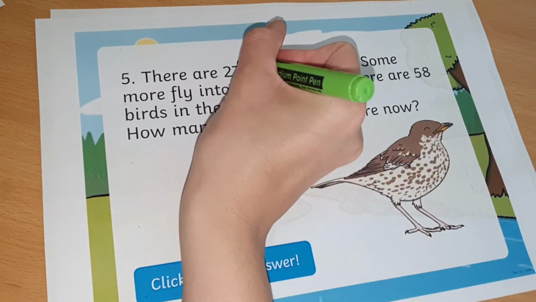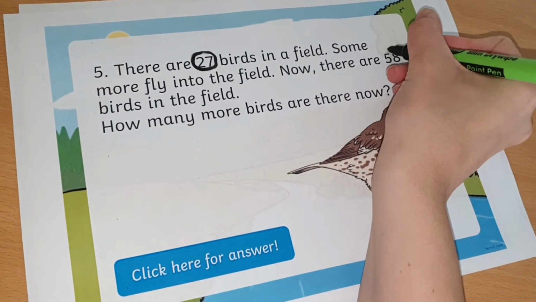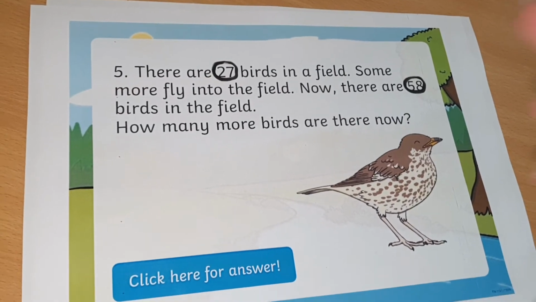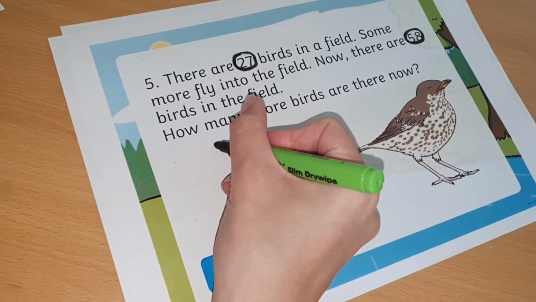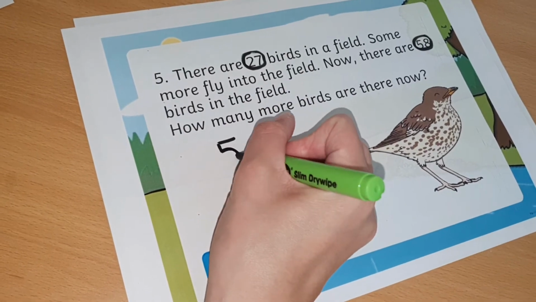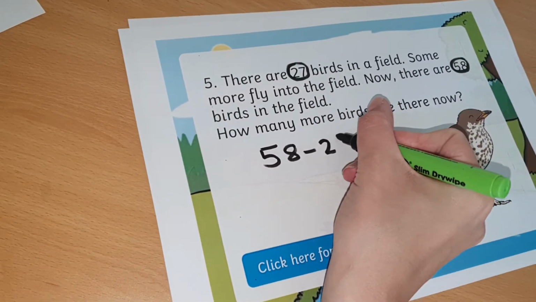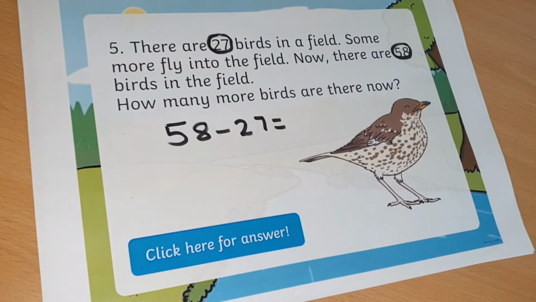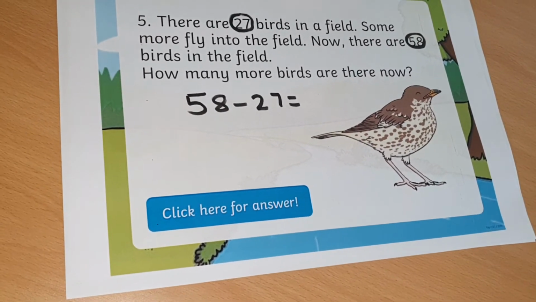Okay, so we've got 27 birds in the field. Now there are 58. So we're actually finding out the difference between 58 and 27. So the way we would do that is by 58 taking away the 27 that is already there to find out how many entered the field, so how many more flew into the field.